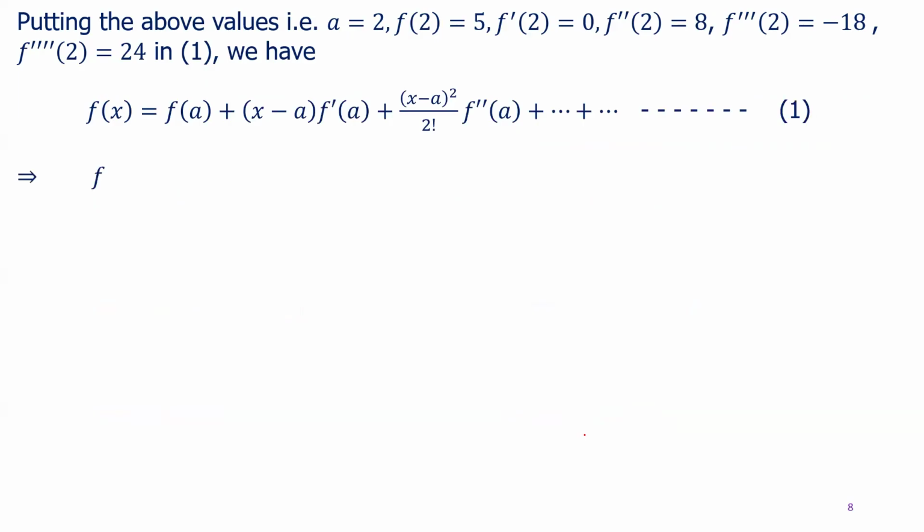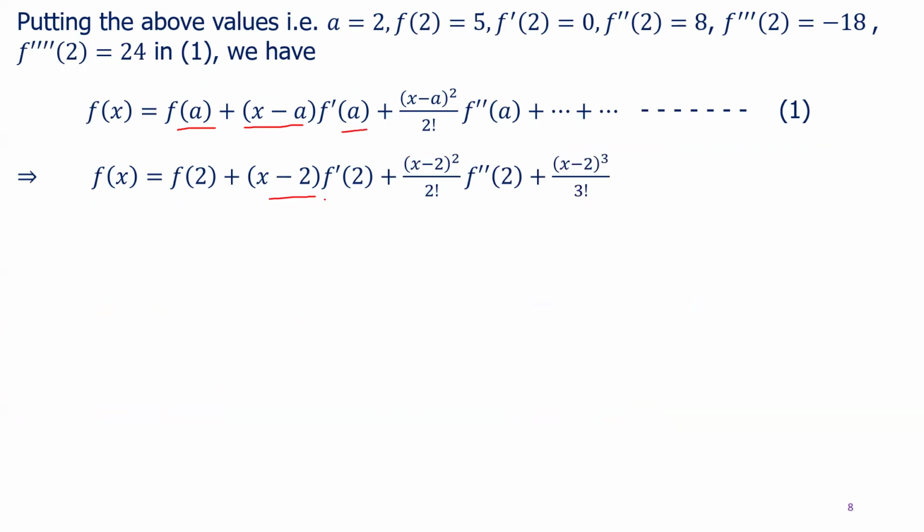Here a is equal to 2. So x minus a means x minus 2: f(2) plus (x - 2) f'(2) plus (x - 2) squared upon 2 factorial f''(2) plus (x - 2) cubed upon 3 factorial f'''(2) plus (x - 2) to the power 4 upon 4 factorial f''''(2).